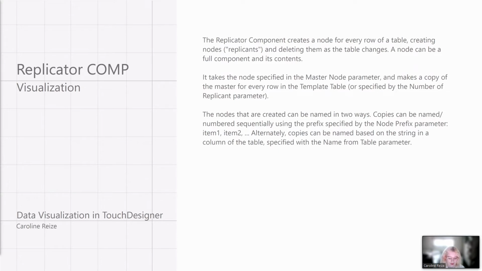This is a very helpful technique when creating large data visualizations and not wanting to create everything by hand. We can just build the overall structure once in a container comp, and then duplicate this container comp multiple times according to the data in our table.